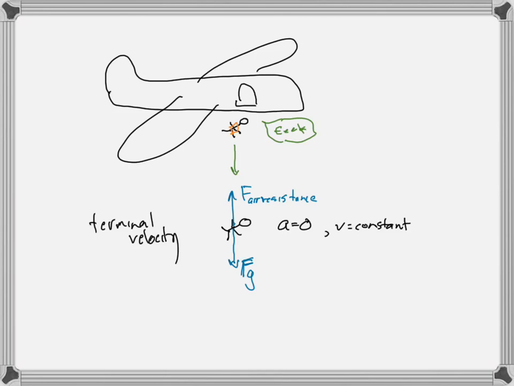Just a couple of quick facts about air resistance. One of the other things is that the force of air resistance goes like your velocity. It increases with velocity at low speeds, and your air resistance goes as velocity squared at high speeds. That's good to know.